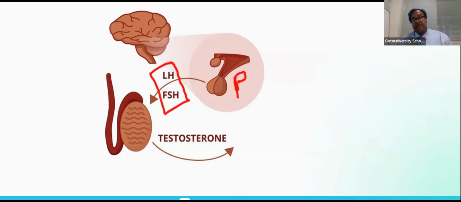what is exactly happening? The testis makes testosterone. So FSH can't make testosterone production. Only LH can make testosterone production. LH brings testosterone production. Testosterone and FSH together control the sperm synthesis process. So be very careful. Again, I'm repeating, testosterone production is not because of FSH or follicle stimulating hormone.